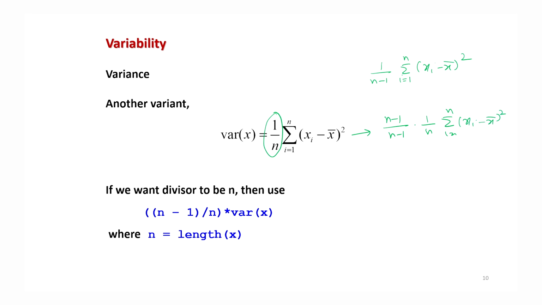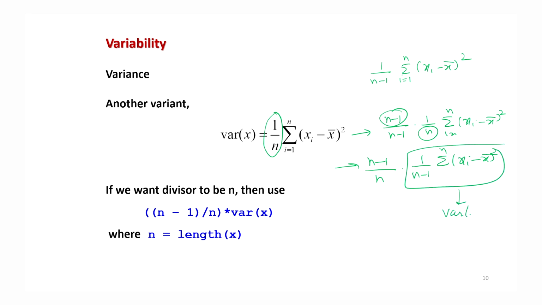Now n minus 1 and n will come here: n minus 1 over n times 1 over n minus 1 summation (xi minus x bar) whole square. This latter quantity is computed in R by the var(x) command, and it can be multiplied by n minus 1 upon n, like this, right?